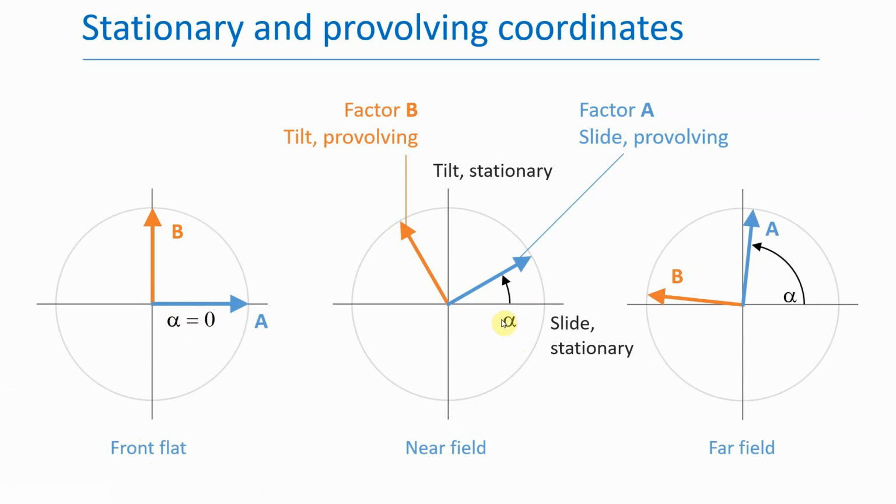In provolving coordinates, A always remains tied to slide, but in stationary coordinates, it is something in between slide and tilt. When the beam reaches the distant far field, alpha approaches 90 degrees. Then B corresponds to stationary slide, and A corresponds to stationary tilt, which is the opposite of how it began at the flat. But in provolving coordinates, A and B always remain slide and tilt respectively.